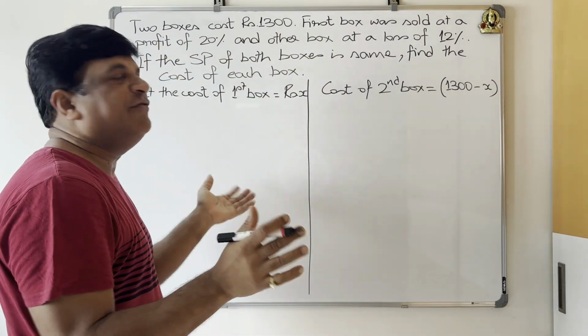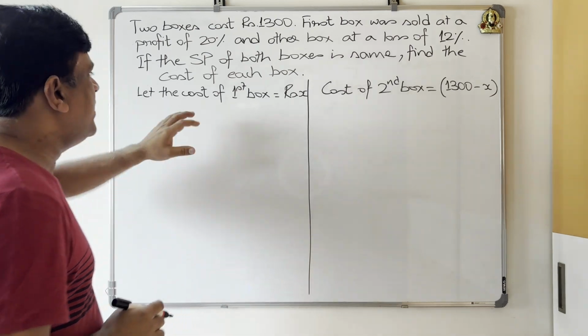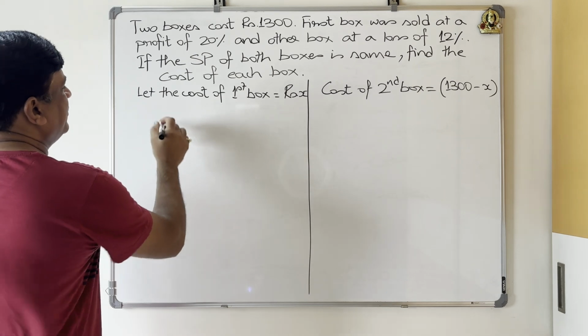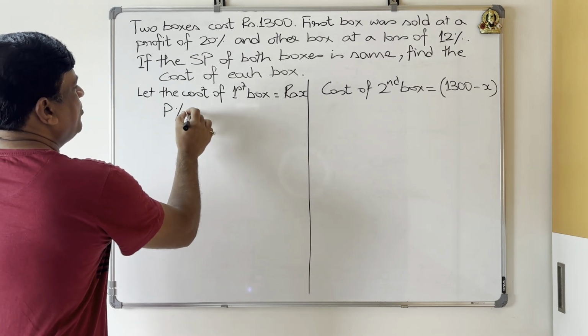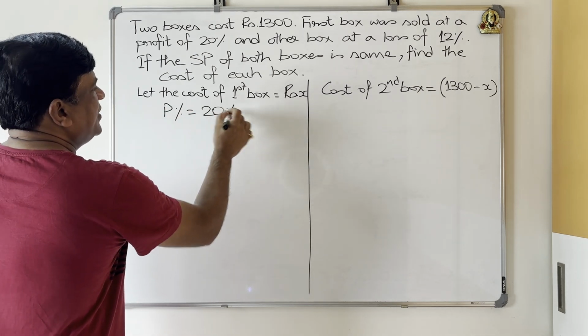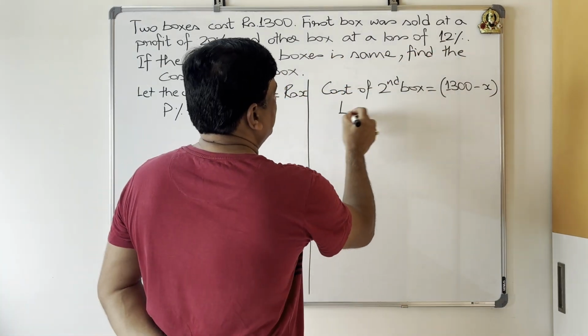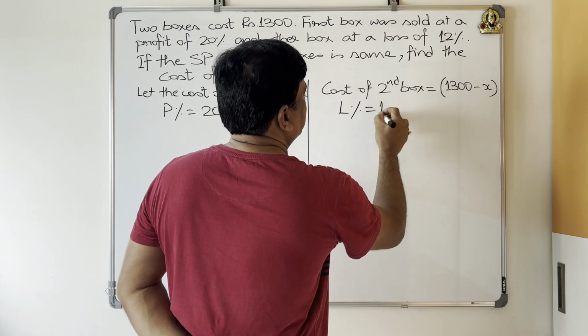We don't know the individual cost of both the boxes. In the first case, they say it was sold at a profit of 20%. So the profit percent is 20% over here, and the second box was sold at a loss of 12%. So your loss percent is 12%.